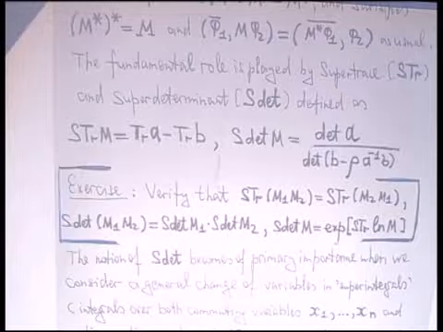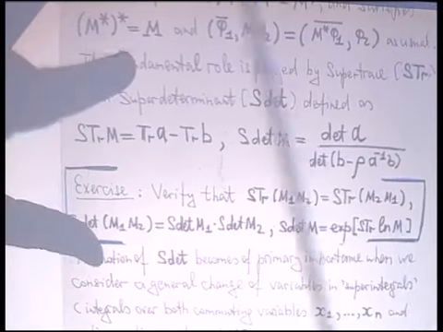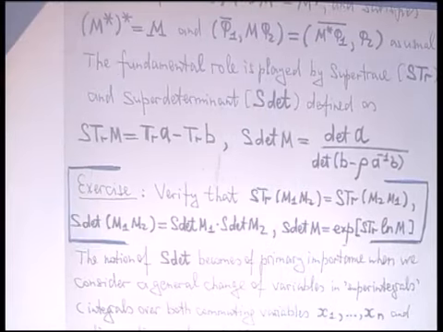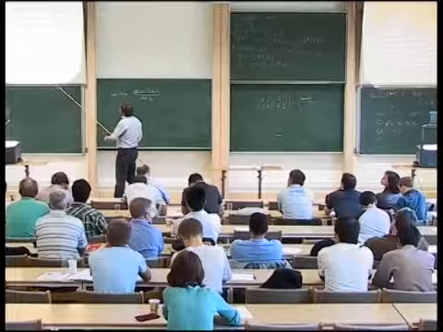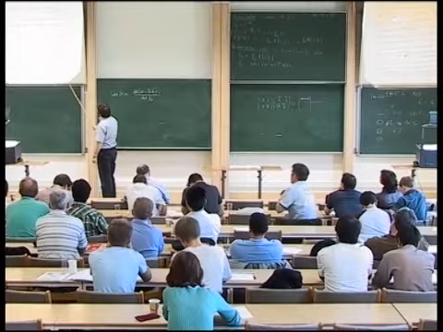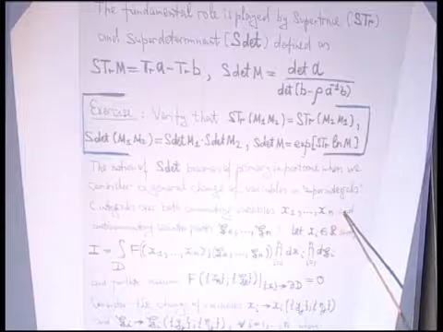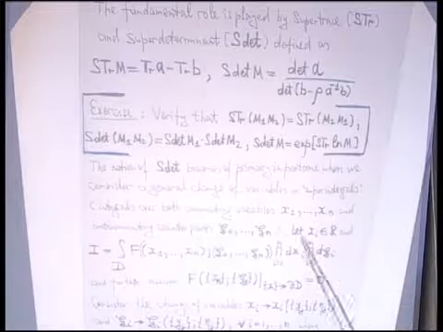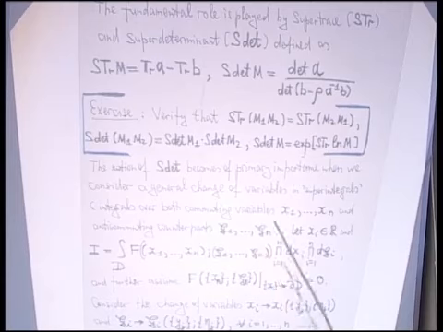Okay, so how to change variables in the integrals involving both commuting and anti-commuting variables? Suppose we have such an integral of n commuting and, in fact, one can consider also a different number of commuting and anti-commuting variables, but here I just decided to take an equal number of commuting and anti-commuting variables, and we integrate some function of all these variables, which I assume to be real.